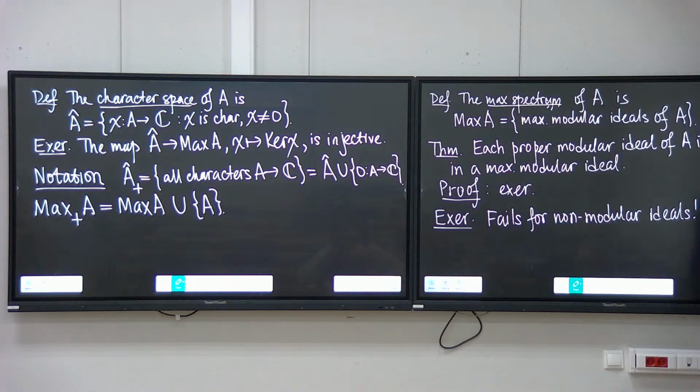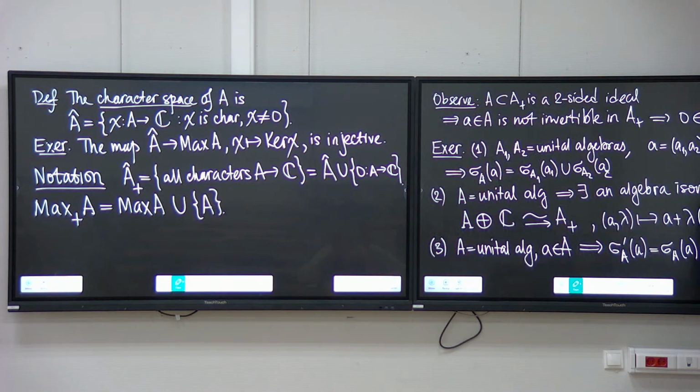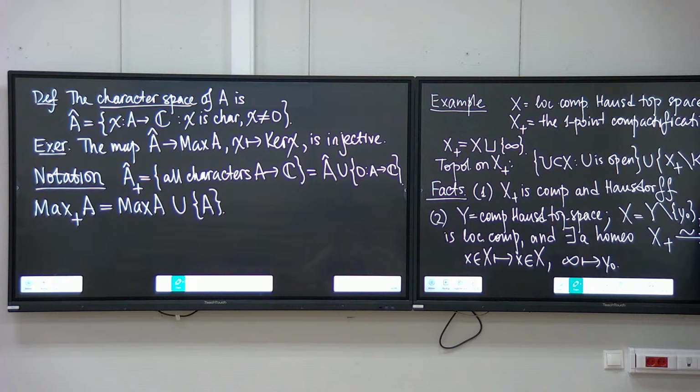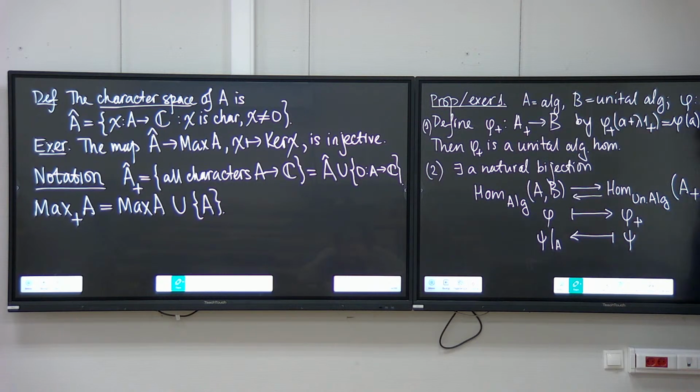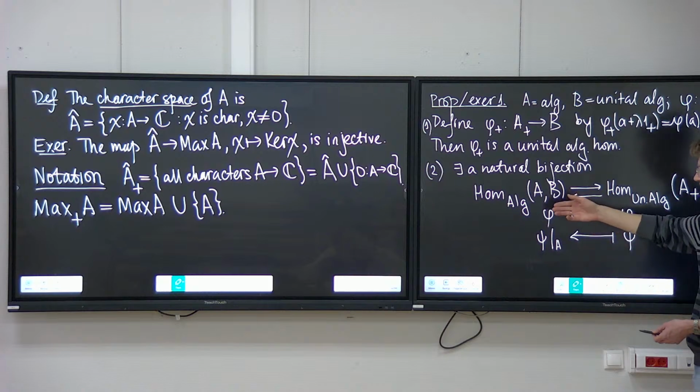This is a special case of this formula. So if B is the complex numbers, then this bijection gives us what we want. So this is the set of all unital characters of A plus and the set of all characters of A.